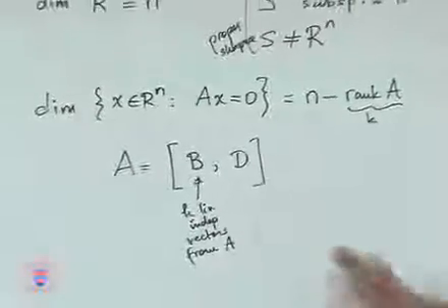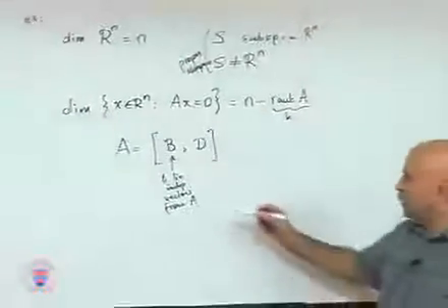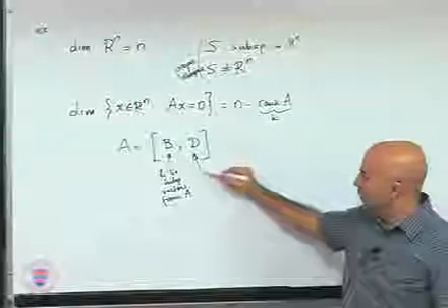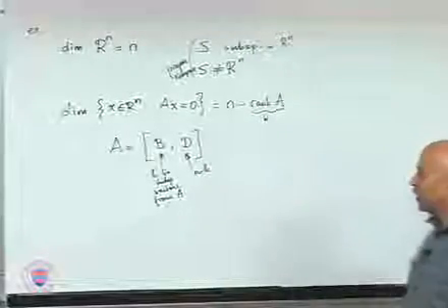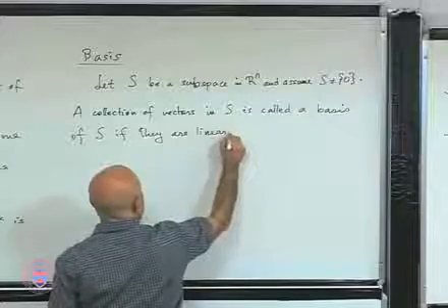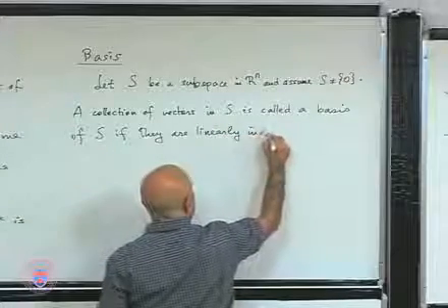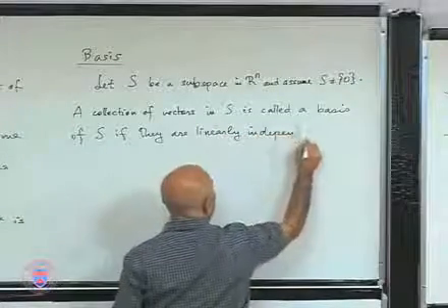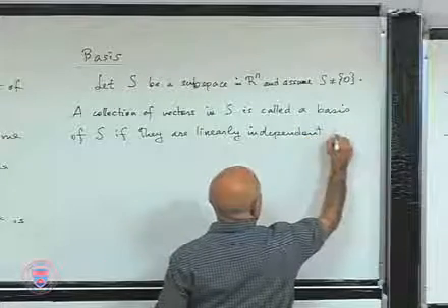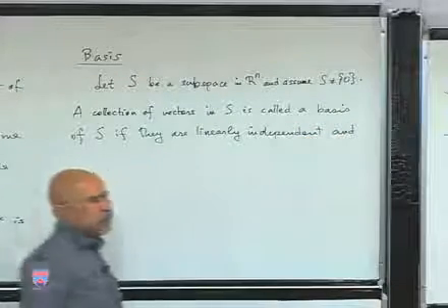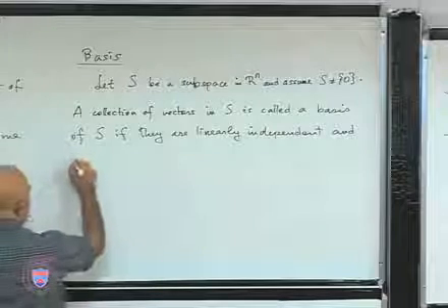It's a basis. The remaining ones, N minus K, being the remaining columns. Okay? And their span equals S.